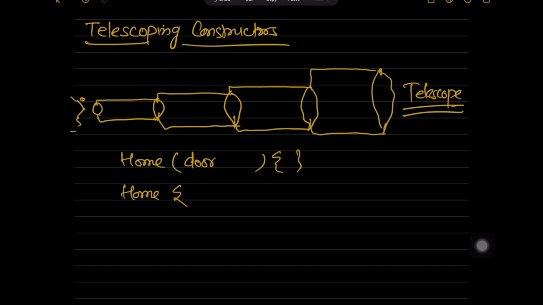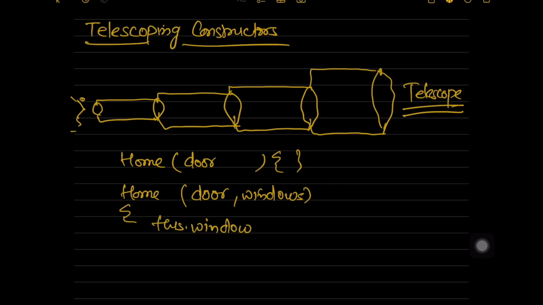The next one will be with door and windows. What we do here is, in this constructor we set this.window equal to windows, and then we call the Home constructor and pass this door object.